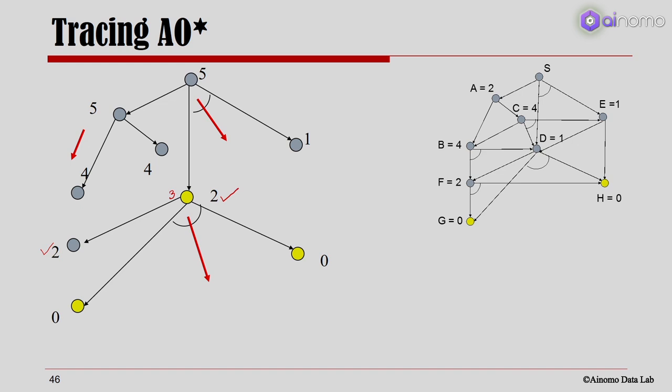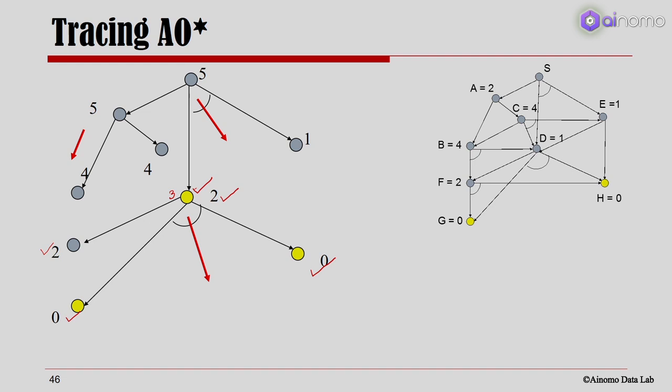Now once we know that the nodes at this end are part of the solution, I can mark D as solved because I have G and H, which are part of a 2 connector, and both of them are solved. So D is solved for me.